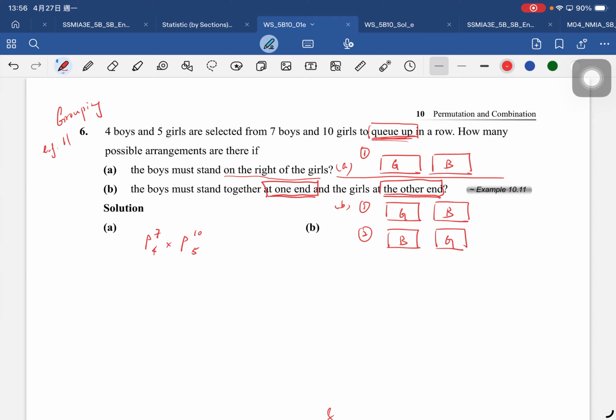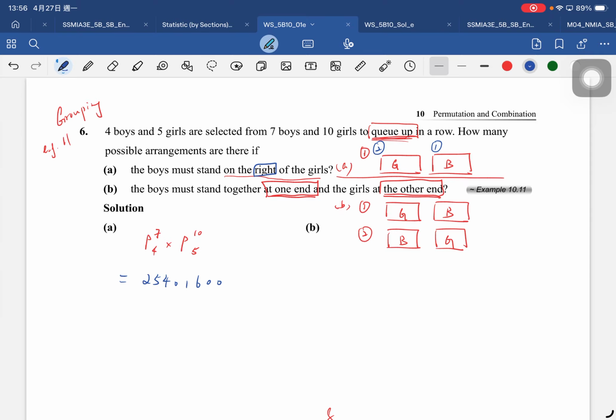Step by step you do it. That means step 1, select boys and then select girls. Maybe some students will ask, can you select girls first and then boys? Up to you. But make sure boys must stand on the right only, not interchanged. No swapping. In short, the boys must be on the right hand side. Remember. So just find the product and then use your calculator to find the answer.